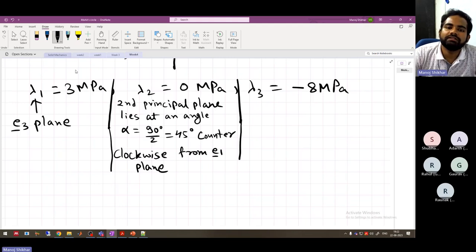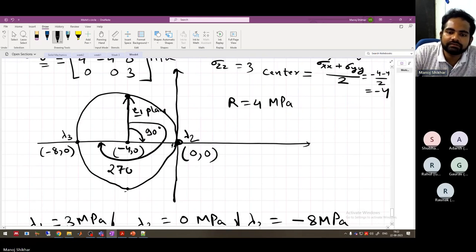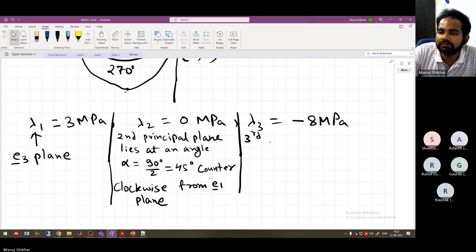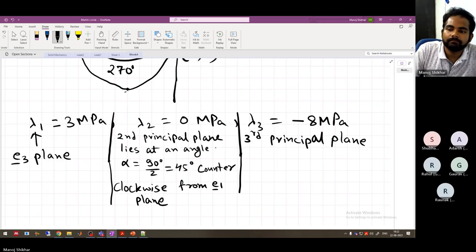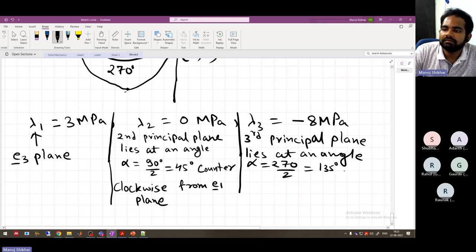Okay. Now where is lambda3? For lambda3, you have to go all the way 270 degrees. So the third principal plane lies at an angle alpha equal to 270 by 2, which will be 135 degrees.